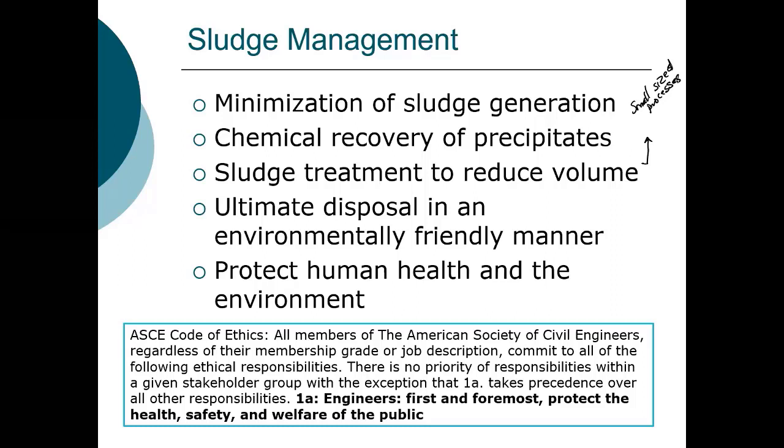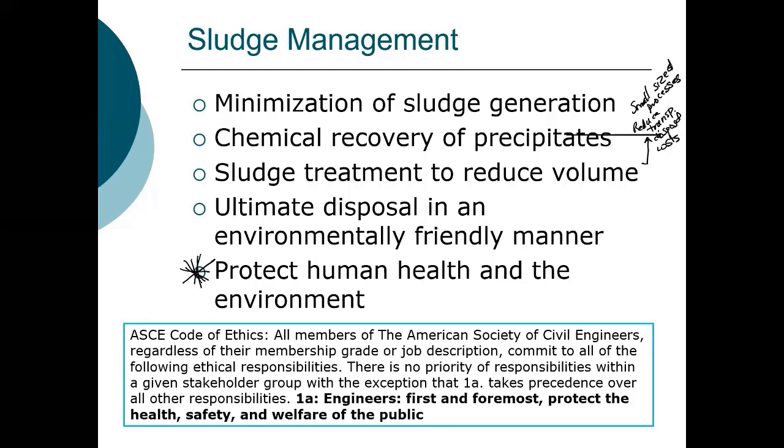The sludge is mostly water, so we want to reduce transportation and disposal cost. We want to ultimately dispose of it in an environmentally friendly manner. So we want to avoid the issues that I mentioned, for instance, with the PFAS chemicals. And most importantly, we want to protect human health and the environment.